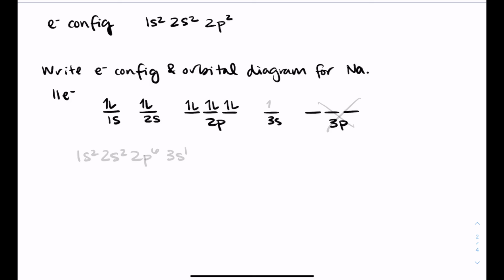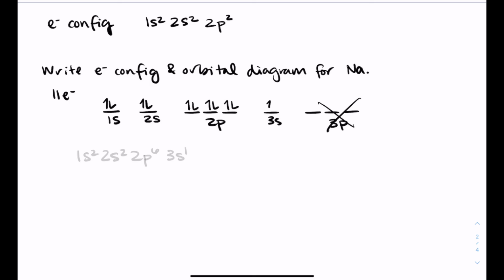Just in case, as I'm counting, I end up with something unpaired, I'm not going to have to erase and redo it. So 1, 2, 3, then 4, 5, 6 electrons in that 2p. So I have used 2, 4, 6, 8, 10 electrons total. I only have 1 left, and that 1 is going to go into the 3s. So I didn't need my 3p written out.